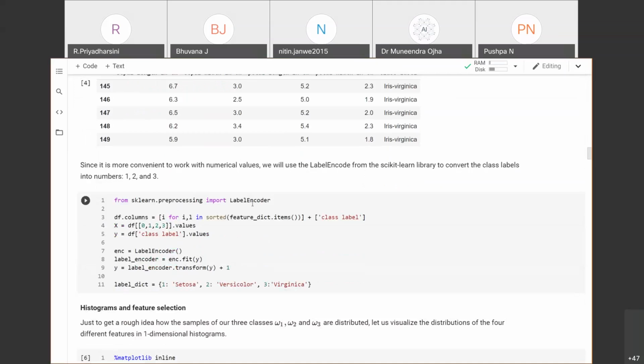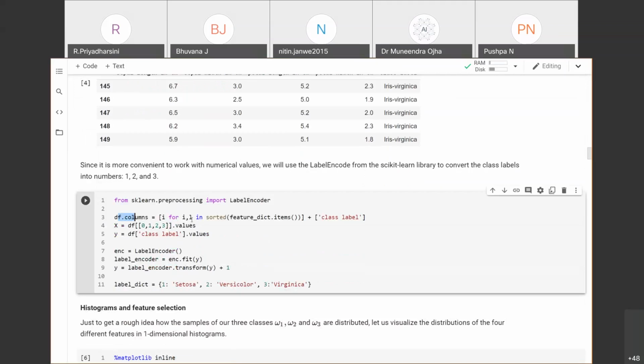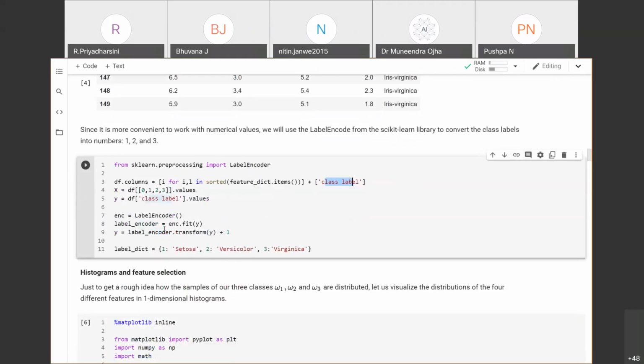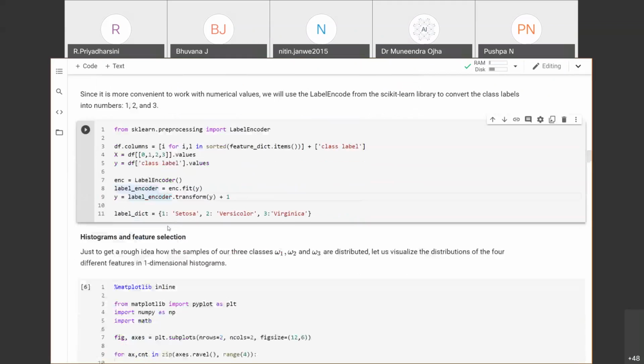We import the label encoder, and for all the data frame columns we use the feature dictionary items, and then we take the class label and convert it to numeric values. And then we know that 1 is identified as setosa, 2 is versicolor, and 3 is virginica.